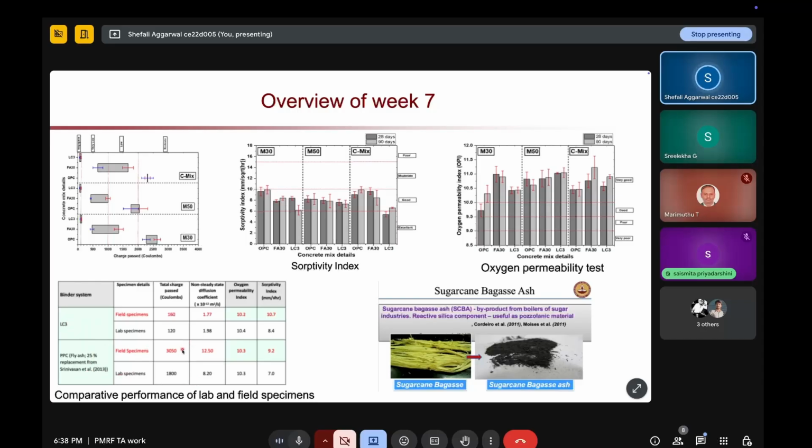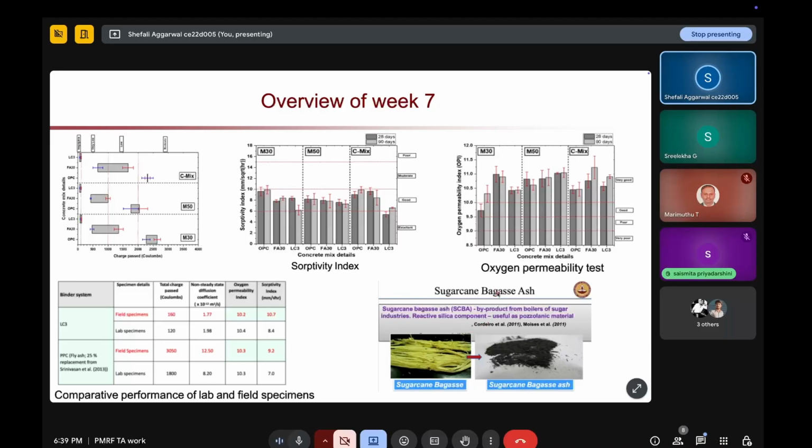However, the values are very different, but the trend is the same. Like if the diffusion coefficient is very low in case of LC3 on field, it is low in lab also. Same way, if it is high in field, it is higher in lab also. So the trend is the same, but the values are different. That is all about the LC3 system.